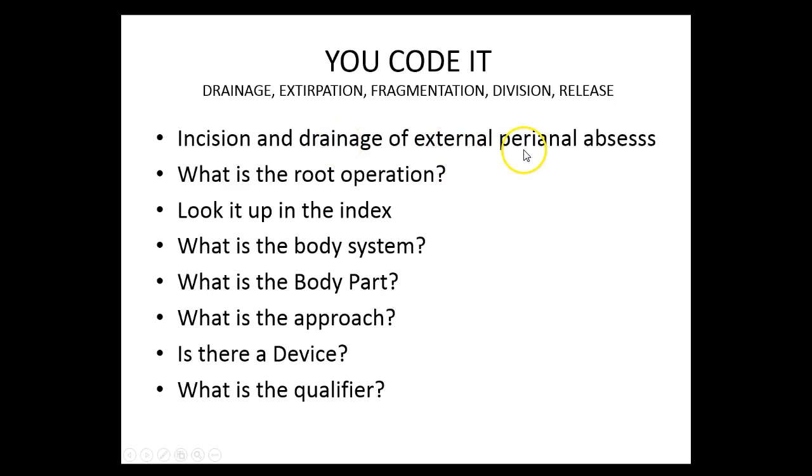And you have a guideline that tells you for the term peri that means close to the anus, and so our body part here is going to be anus. So in the index we're going to look up drainage, anus, and this is an external abscess, so our approach is going to be external, and there is no device and there is no qualifier.